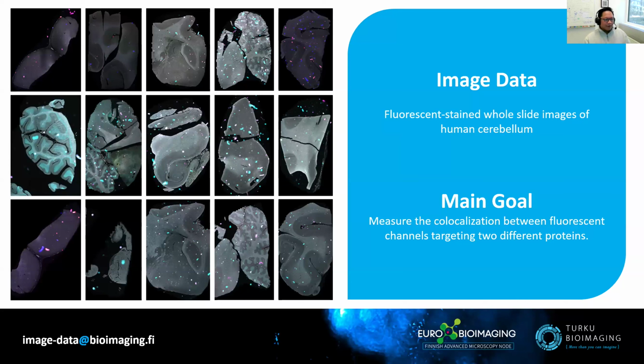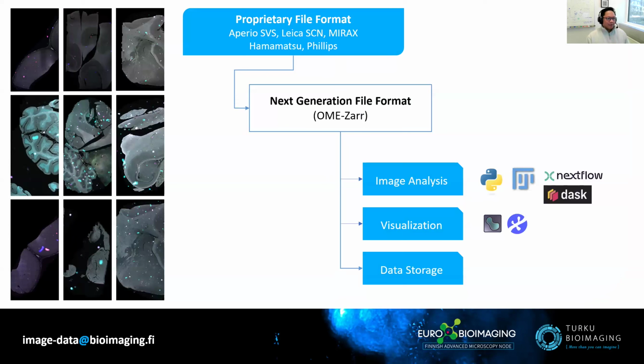So here I have some example screenshots of these tissue sections from human cerebellum, which are fluorescent stained whole slide images. And the main goal of this particular project was to measure the colocalization between the fluorescent channels targeting two different proteins.